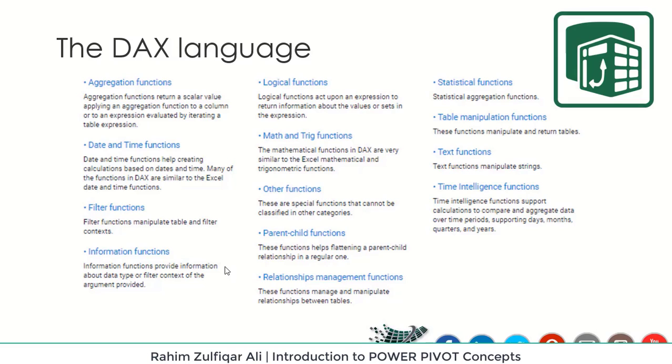If you have ever used if, and, or functions, these are related to the logical functions category. Similarly, the DAX language has many different functions, and they fall into different categories. Some of them fall into aggregation functions, date and time functions, filter functions, logical functions, text functions, information functions, time intelligence functions. So there are a lot of categories you can explore.